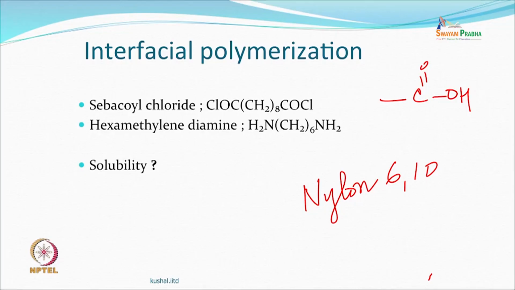If you take a dichloride of this acid, which is sebacoyl chloride, it's very reactive. At room temperature, reaction can take place with, let's say, an amine, hexamethylene diamine. So you have hexamethylene diamine, which is the same amine which is used for nylon 6,6 manufacture.